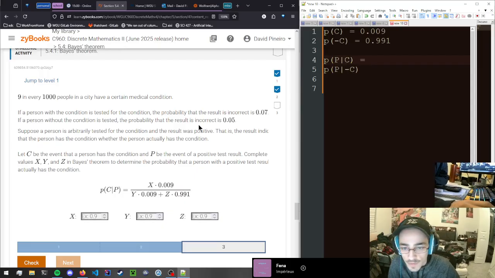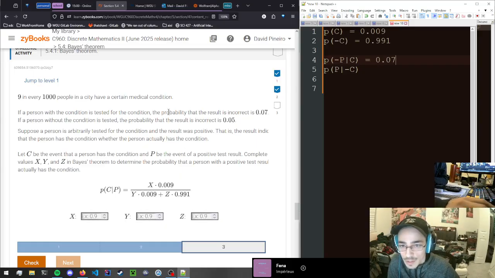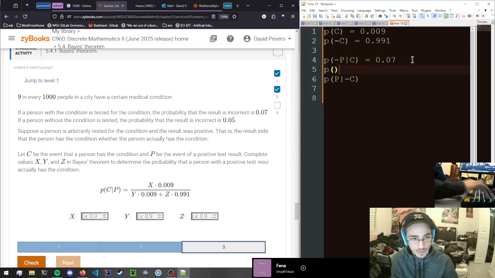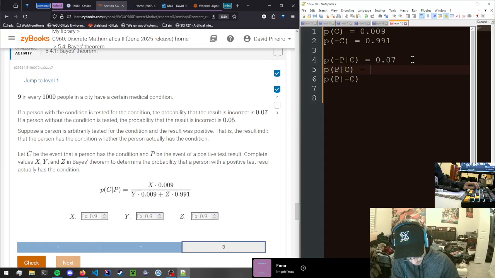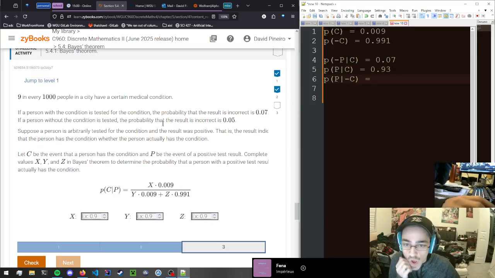Okay, so positive given they have the condition. Oh, so the probability is incorrect. So if they have the condition, it will report negative this many chances of the times. Okay, so this is the reverse.